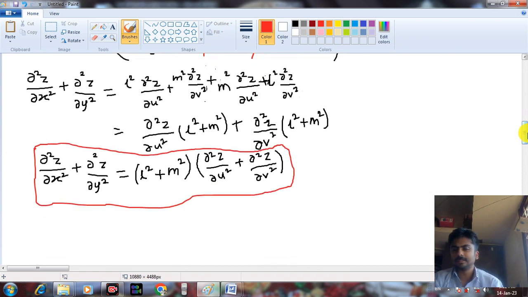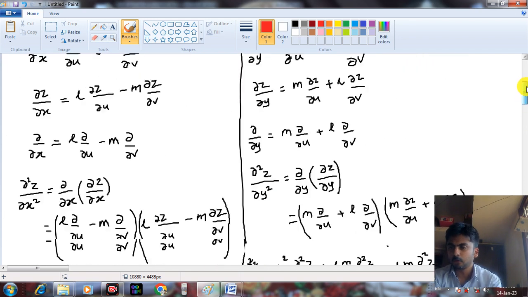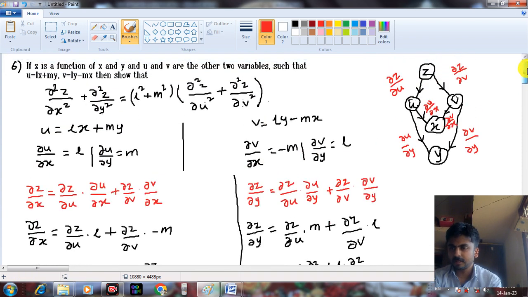This is how we prove any problem given under total derivatives. Initially I have shown how to get the formula for any statement. Already I have explained the 5 important formulas of total derivatives.